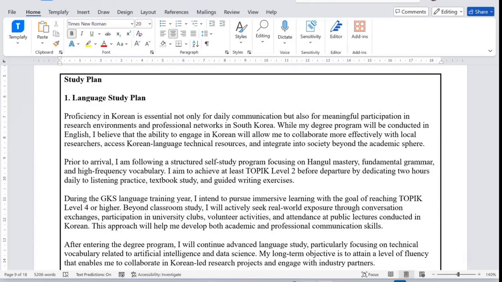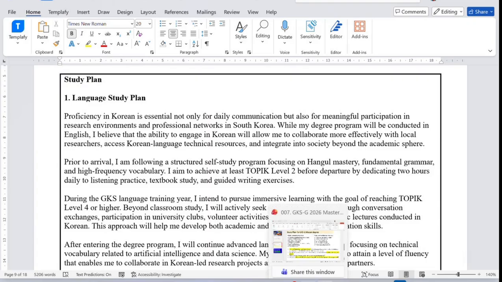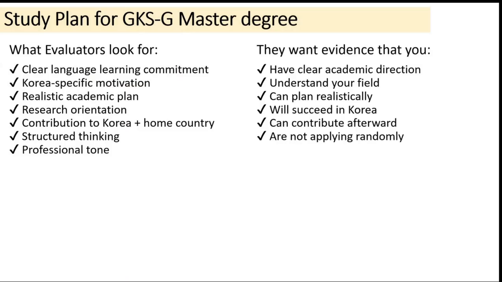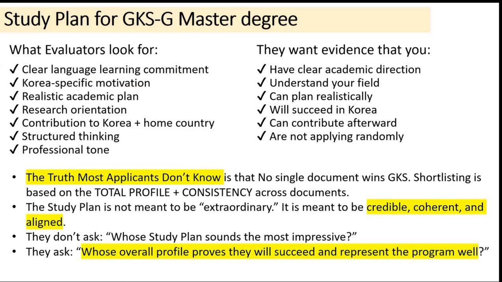So with that, I come to an end of today's video. So going back to the PowerPoint presentation, do keep this in mind while you write your study plan, what evaluators look for, what evidence that they want from your study plan, and the fundamental truths about study plan and selection in the GKS application process.